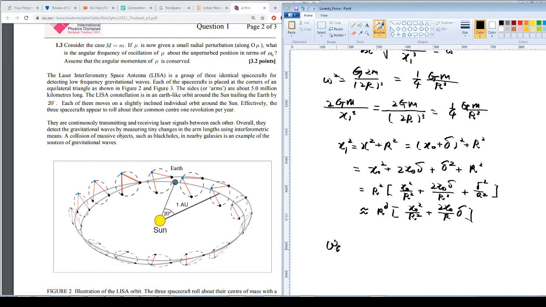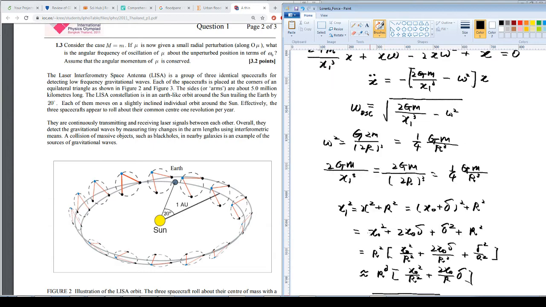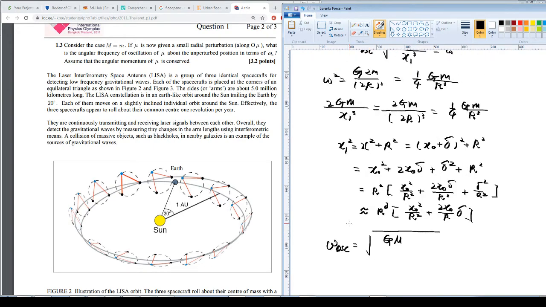Then the oscillation one is 2gm over r cubed times this.